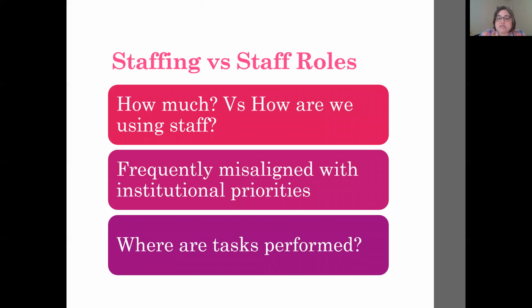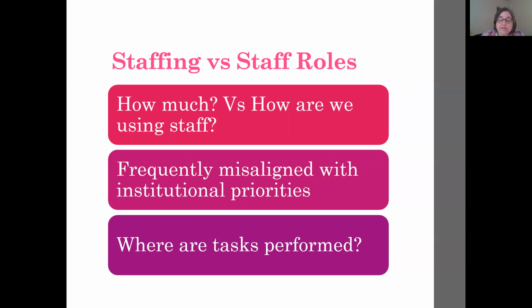So just a minute to think about that staffing versus staff roles piece. Staffing is going to really refer to how much, is there just not enough time being dedicated towards these tasks? That's often very true. But then sometimes there's also, how are we using our staff hours? Is too much of it going towards certain tasks and not enough towards other tasks?